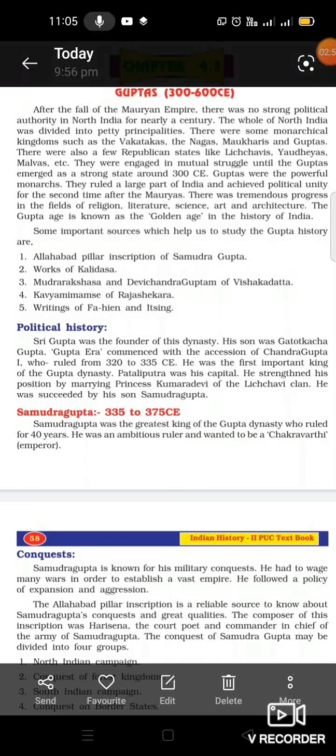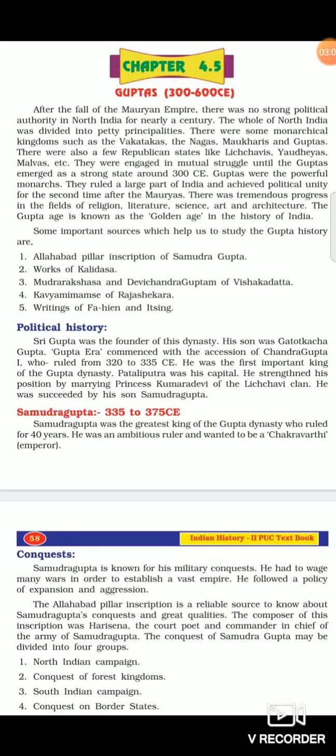He strengthened his position by marrying Princess Kumara Devi of the Lichavi clan. He was succeeded by his son Samudragupta, the greatest ruler of the Gupta dynasty.